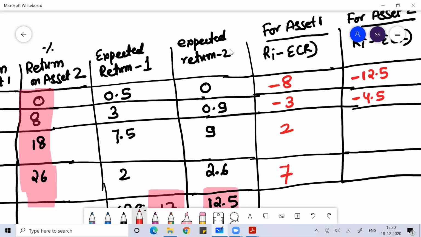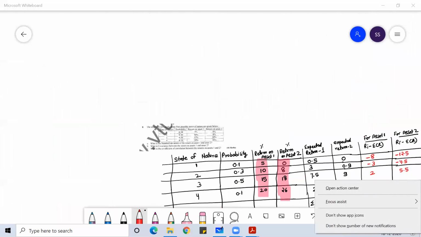Then 18 minus 12.5 is 5.5. Then 26 minus 12.5 is 13.5. Correct?